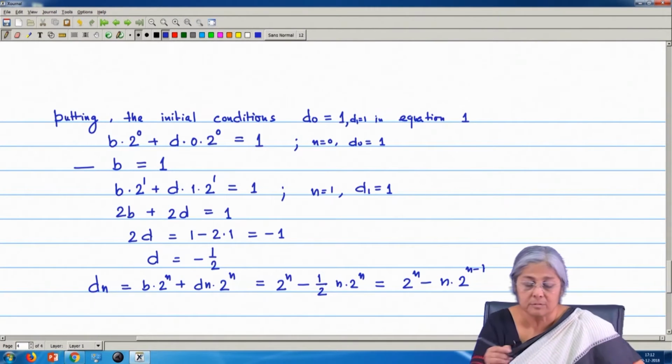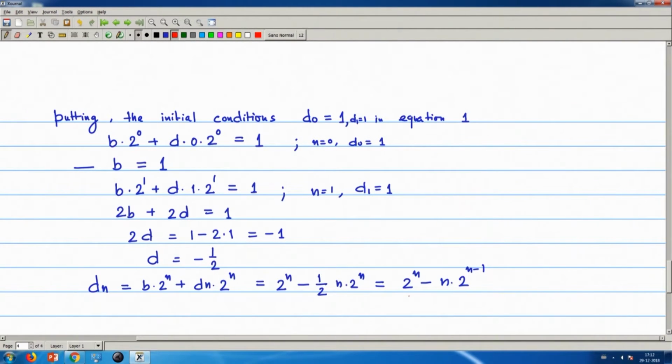So, this is my solution of the given recurrence relation. This is my answer.